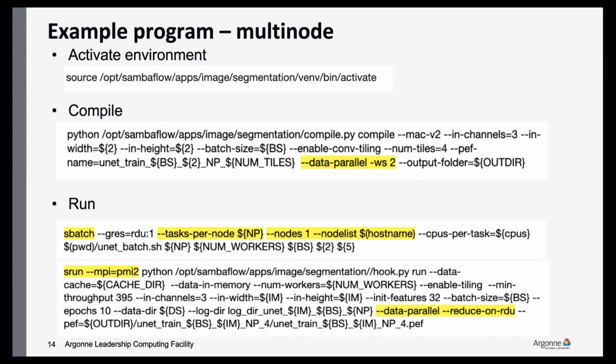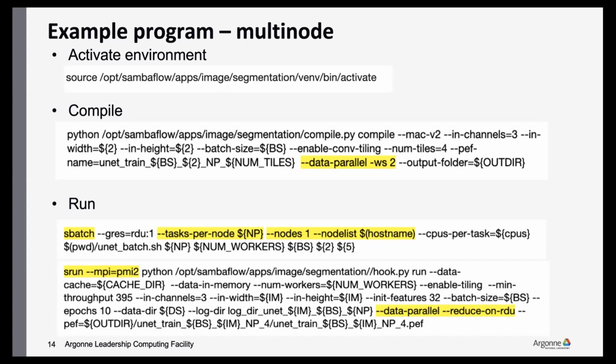This basically means that you generate a PEF file that is compatible for use in a distributed data parallel fashion. And once you have compiled with this argument, you can choose to instantiate any number of instances, of which the bare minimum would be 2.